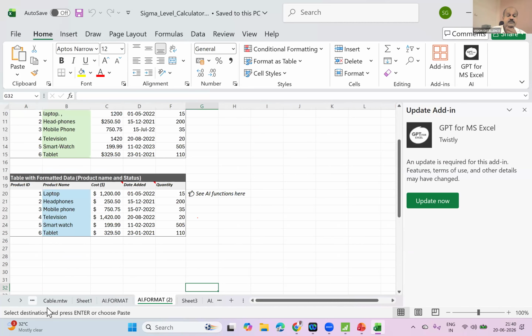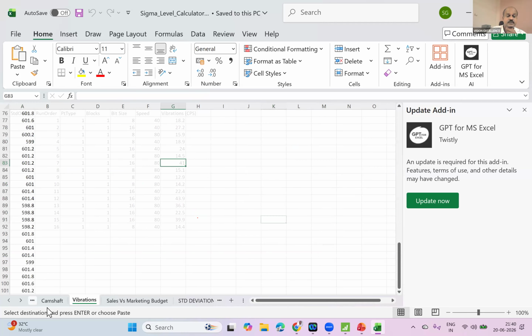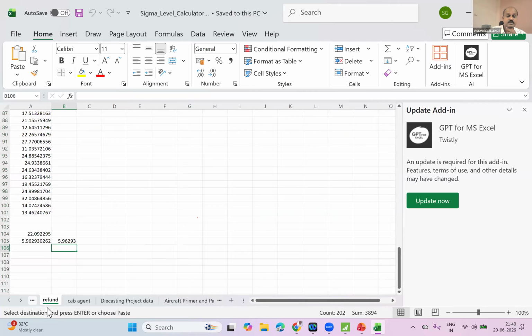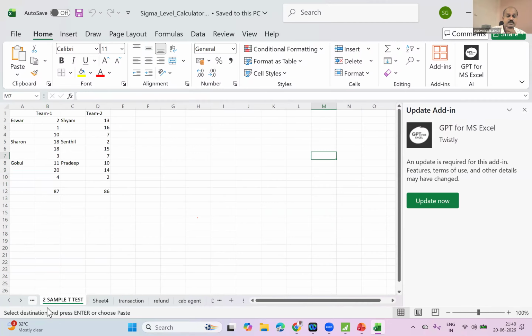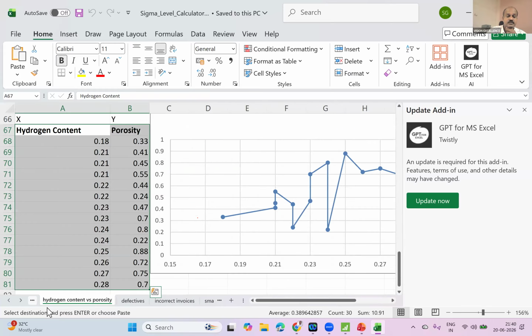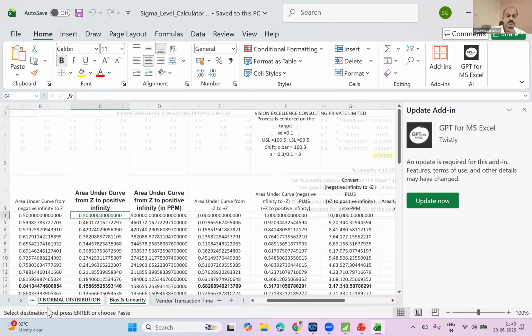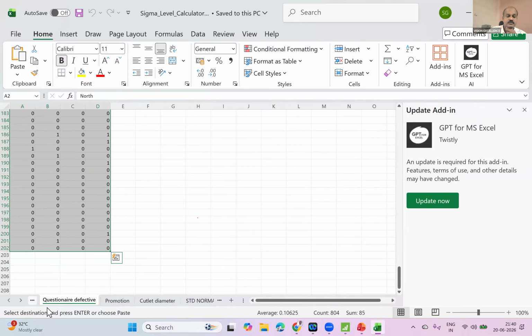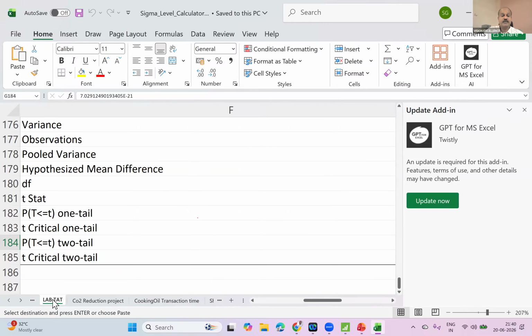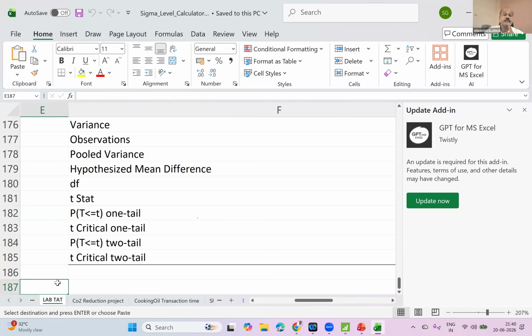I have to organize this. It is here, Laboratory TAT.